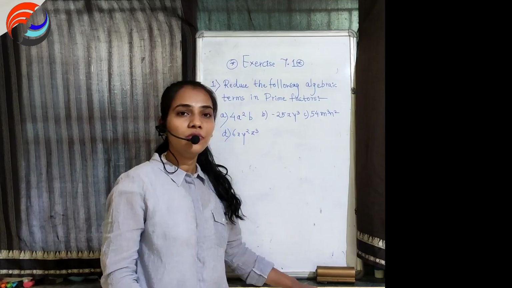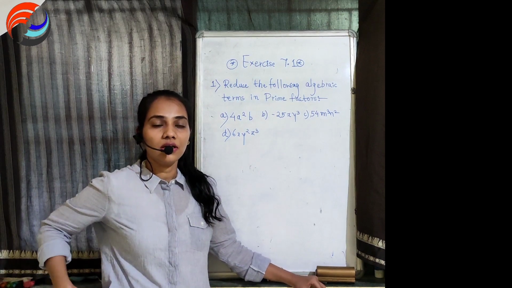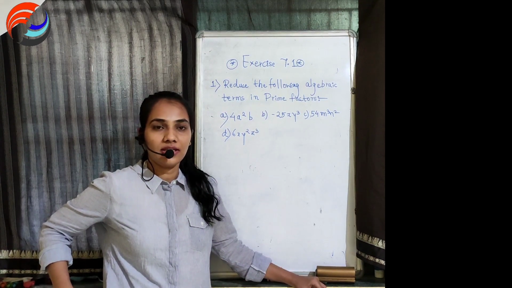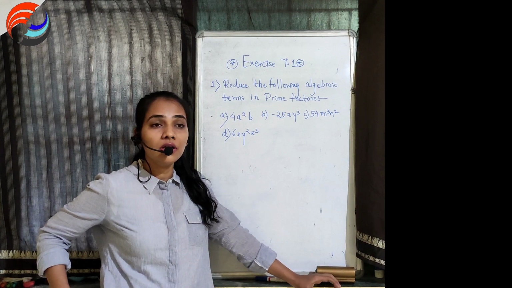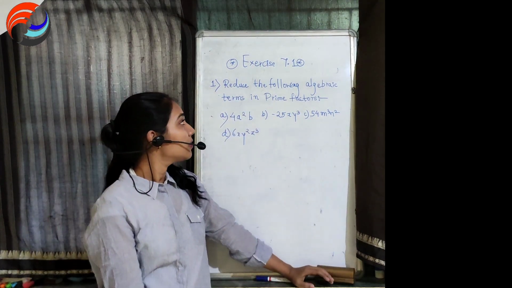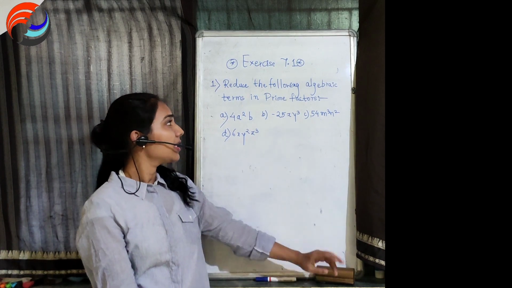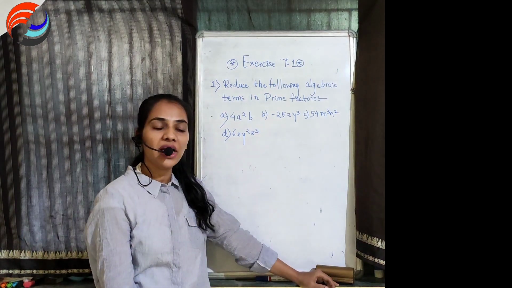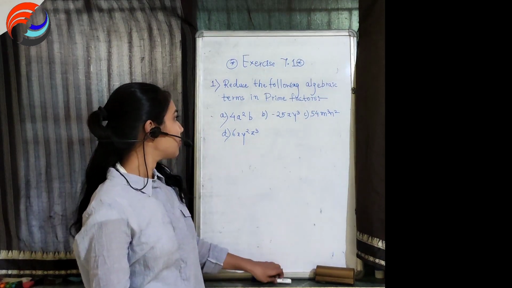We will move towards our exercise of the factorization chapter, 7th chapter. So we have to reduce the following algebraic expressions in terms of prime factors.